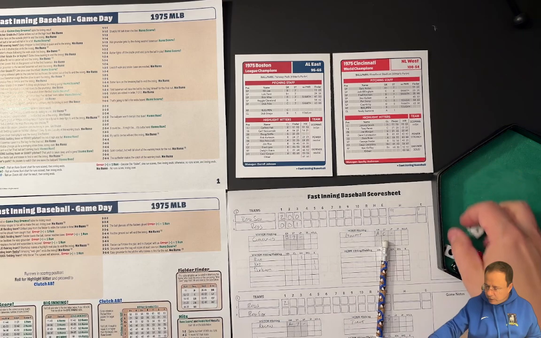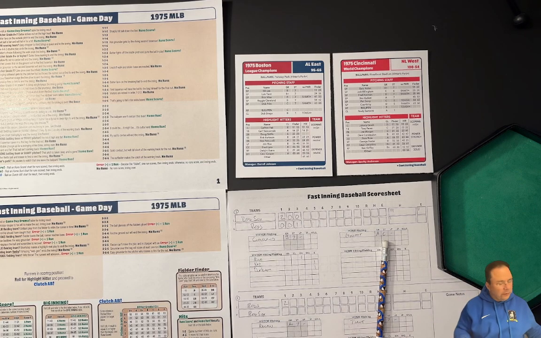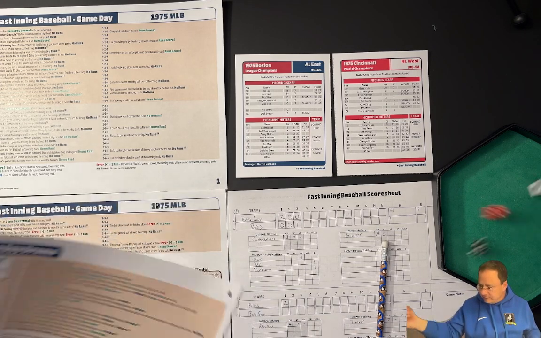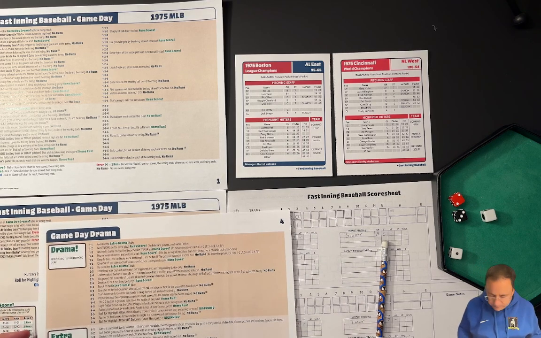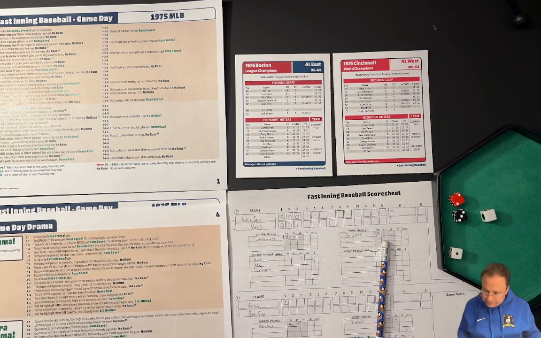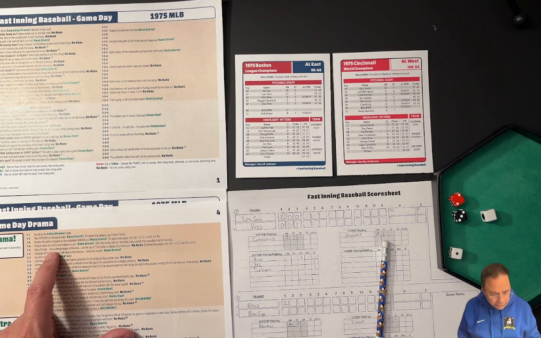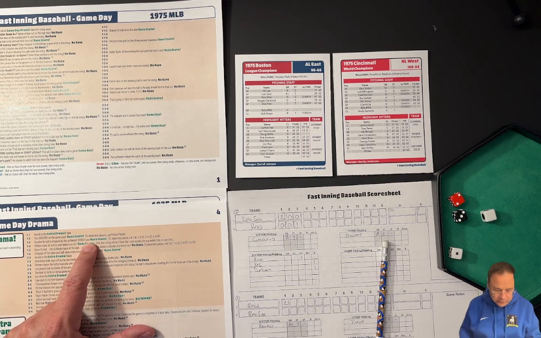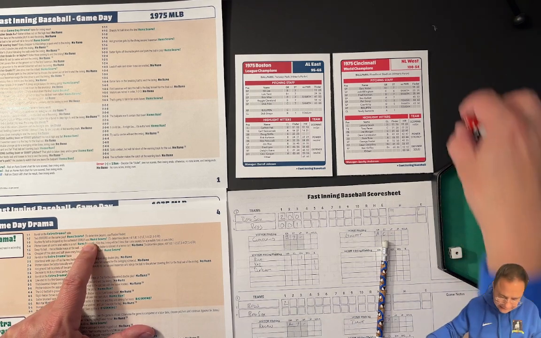And we have trip ones. We're going to drama for the Red Sox. 13. Routine fly ball is dropped by the outfielder. So this time it's an error on the Reds. And runs scored. So Durban player roll 1d6.